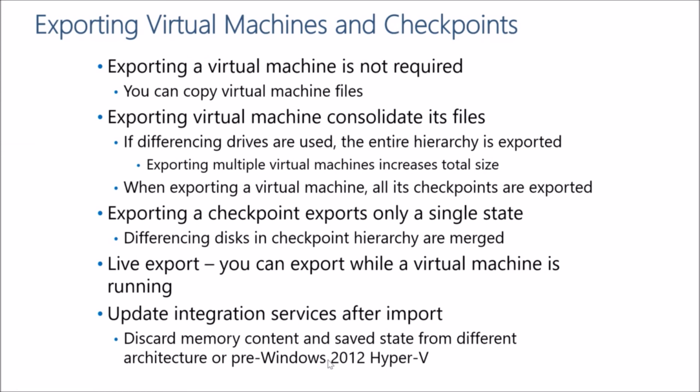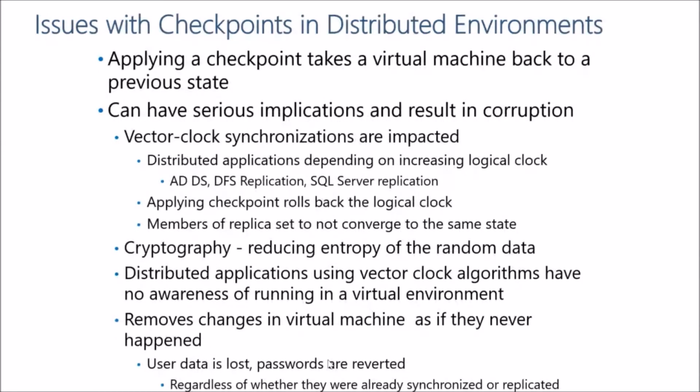Some issues with checkpoints in a distributed environment. A distributed environment is where you have lots of servers doing the same thing. For example, with Active Directory, you could have multiple domain controllers. You can have some serious implications and result in corruption. If there's vector clock synchronization, obviously if one of them reverts to a snapshot, then it time travels, basically.